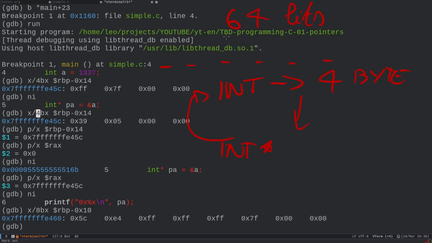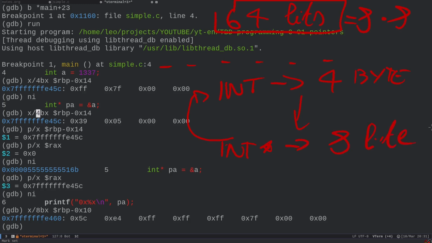How many bytes does it take to represent 64 bits? Well, each byte is 8 bits, and 8 times 8 is 64. So I need 8 bytes to represent 64 bits, which means that to store a pointer on a 64-bit system, I need 8 bytes. With this reasoning, I can assume that the space required here is 8 bytes.